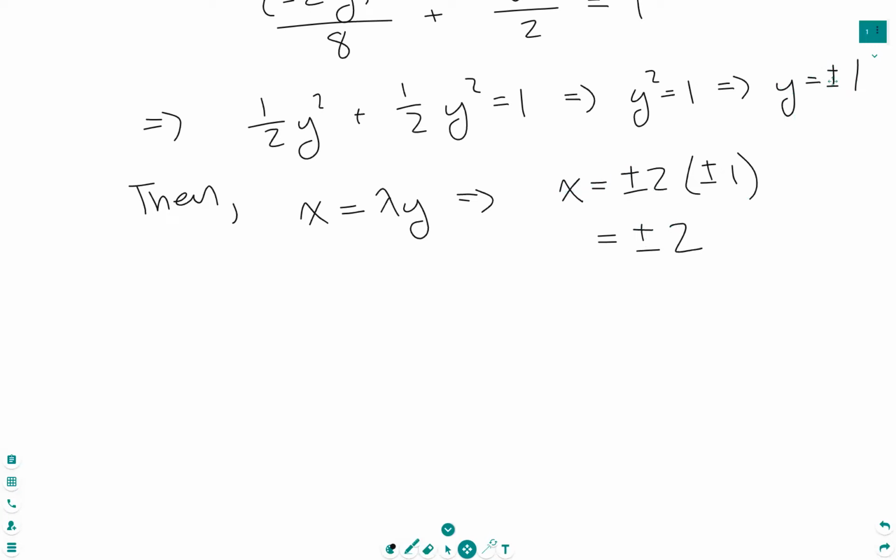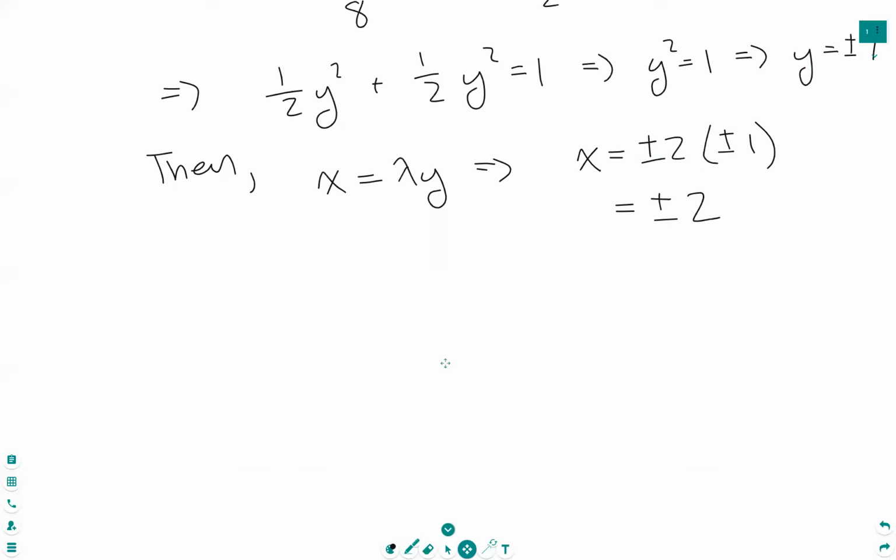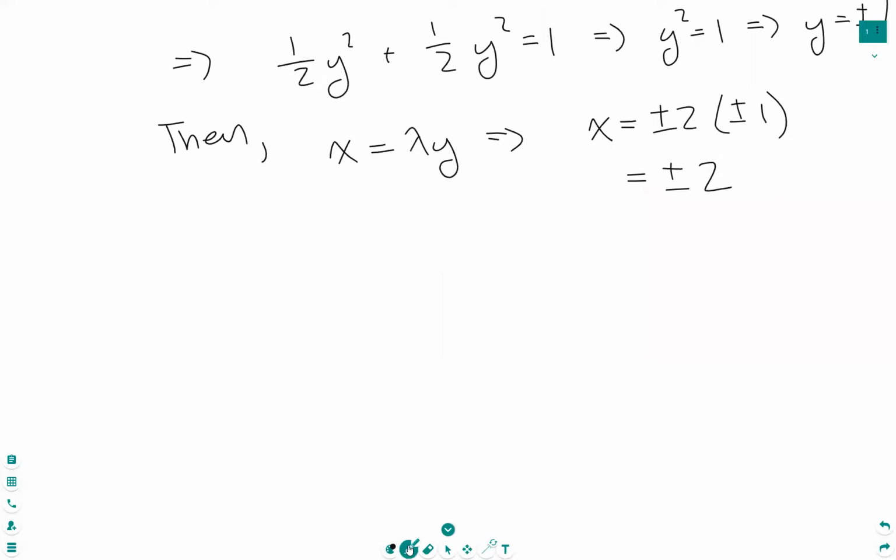If, let's say, I chose that y was equal to 1, I still have this plus or minus from the lambda, which gives me a plus and minus 2. So y equals 1 still gives me x is plus or minus 2. y equals negative 1 still gives me x is plus or minus 2. So that means that I have 4 points to check.